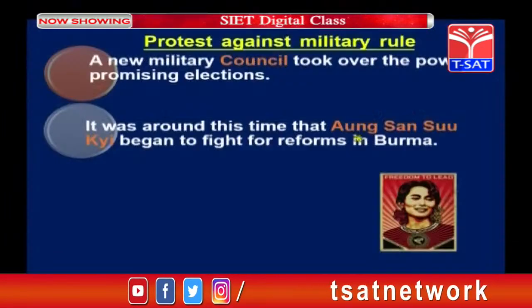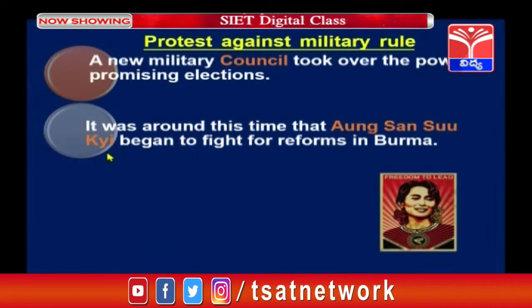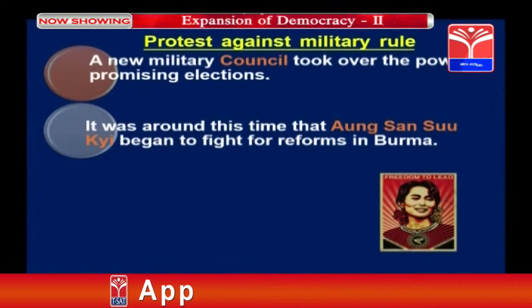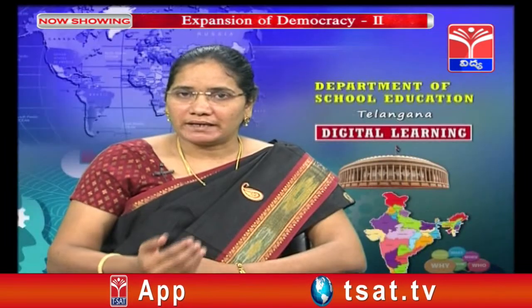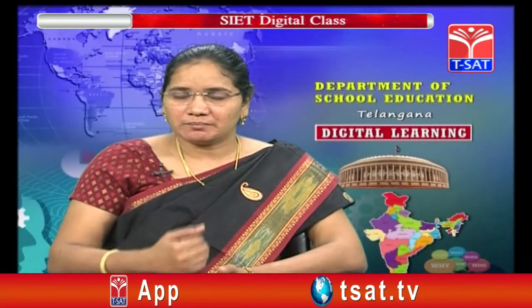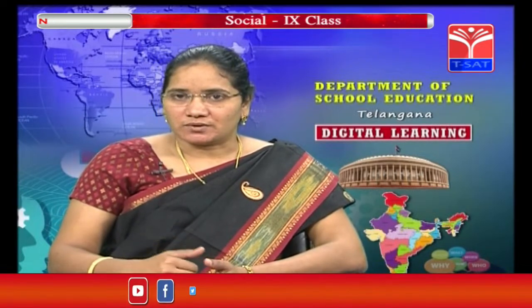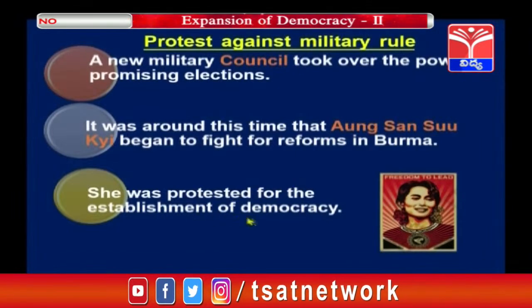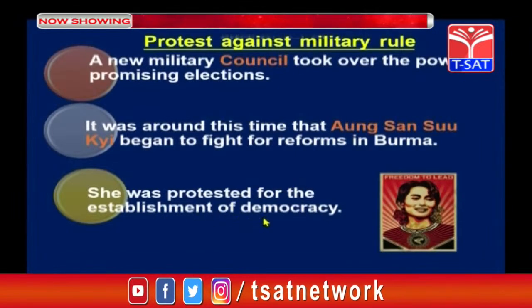This woman, Aung San Suu Kyi, was the daughter of Aung San. Just now in the starting we learned that the person who played a key role in bringing independence to Burma was Aung San. So his daughter was Suu Kyi, and she protested for the establishment of democracy in Burma.